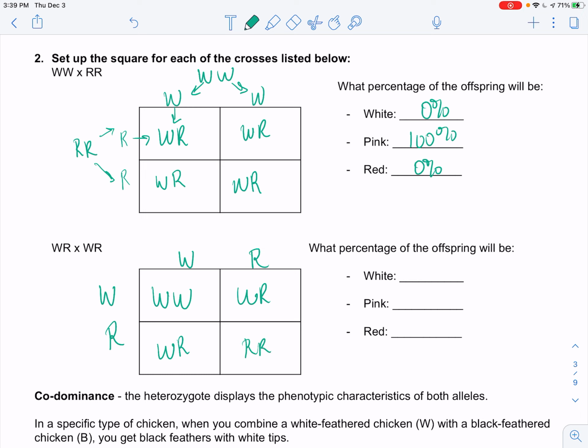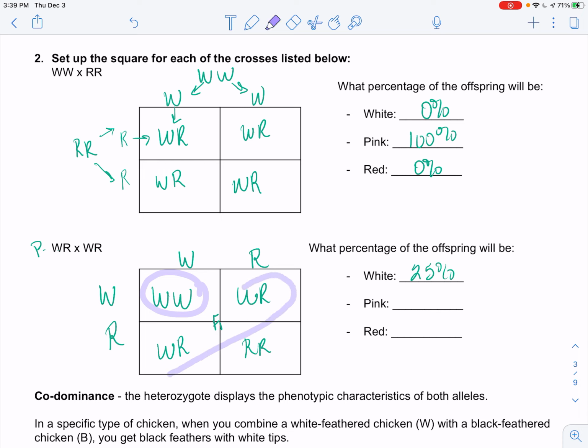All right, so here we've got the heterozygous for both of them, the pink flowers. So we're crossing 2 pink flowers here. So remember, this is your parent generation. This is your first filial, the F1. And so what percentage of the offspring will be white? Well, this right here is going to be your only one, so that's 25%.